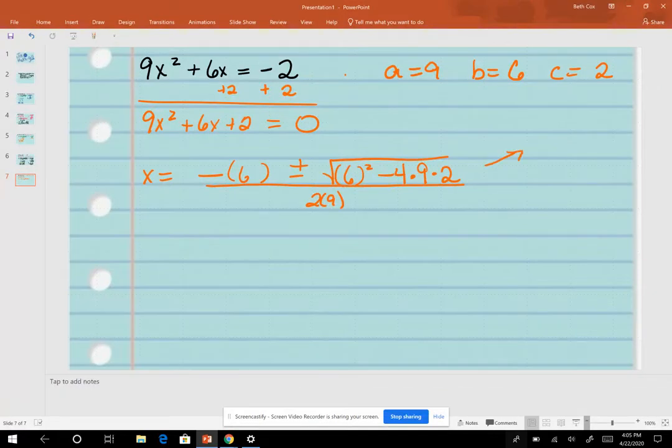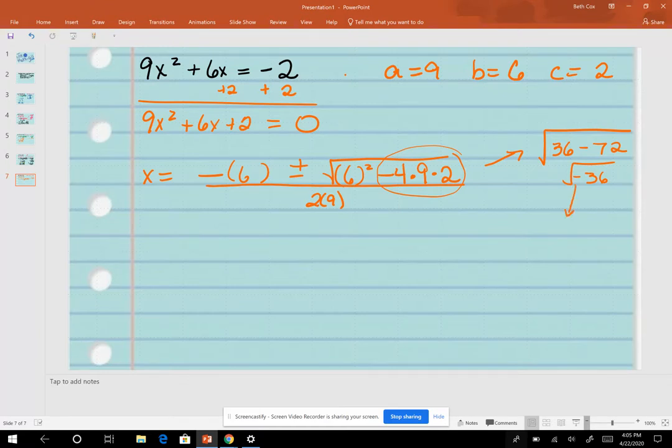All right, take the radical out. Let's see what we get. The radical gives me 36, and then this is going to be a negative 72. So that's the square root of negative 36.